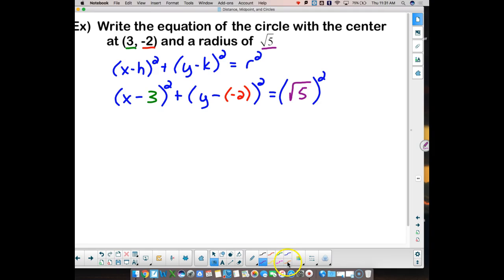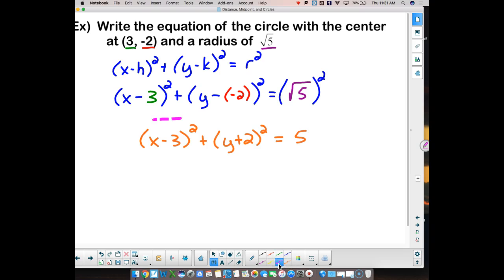So when it's all said and done, this becomes x minus 3 quantity squared plus y plus 2 quantity squared equals 5. And that is my nice, neat equation of a circle centered at 3, negative 2 with a radius of the square root of 5.